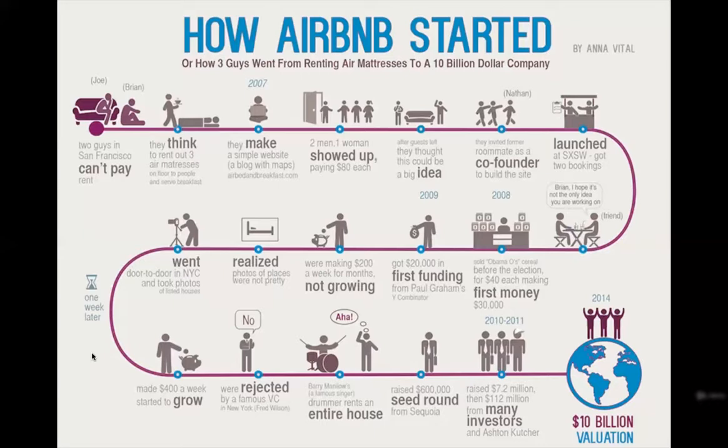Then someone, a famous singer, Barry, rented out an entire house, and they raised a 600,000 seed round from Sequoia Capital. Sequoia Capital is again a VC, a venture capitalist, and a seed round is the very first round of your funding stage.